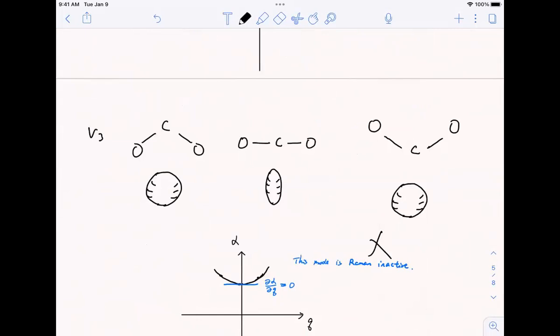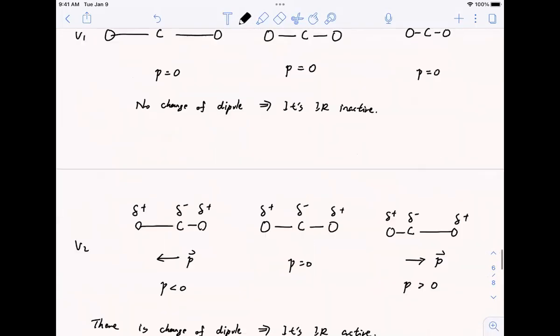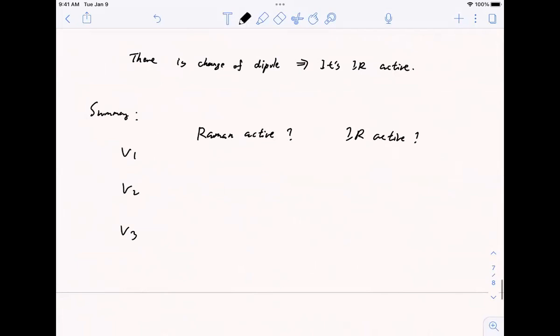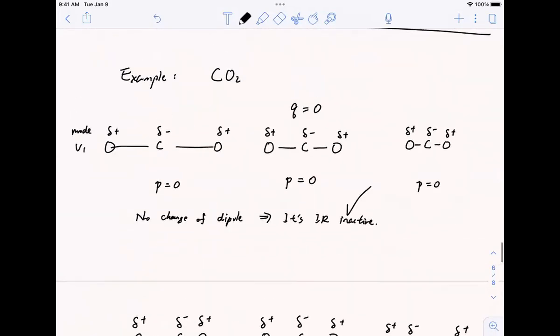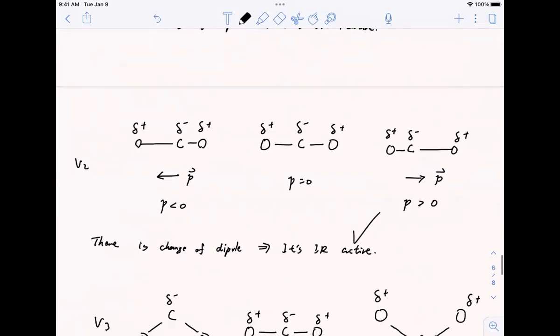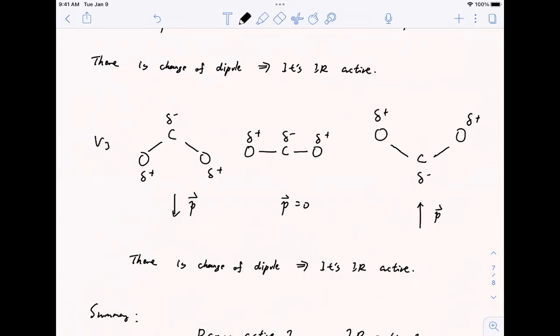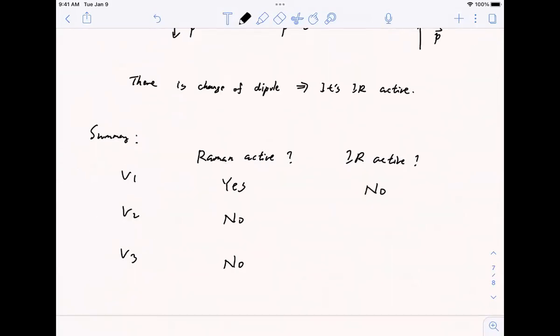No, Raman inactive. Okay, so you can just fill it in here. Yes. No. No. So for the infrared, this one is infrared inactive, infrared inactive, and then infrared active, infrared active. So this is no, yes, yes. So this is how we judge whether you can probe them with Raman or not.